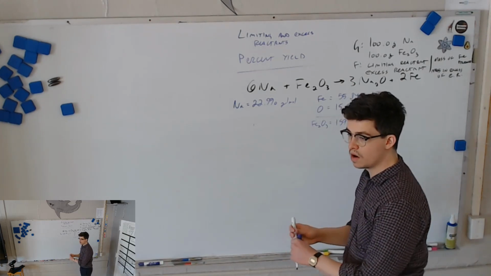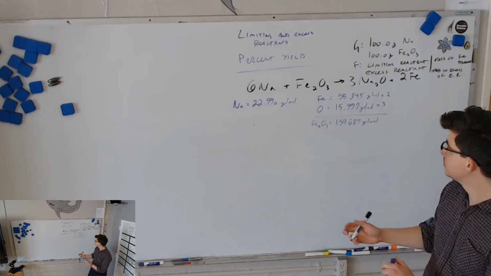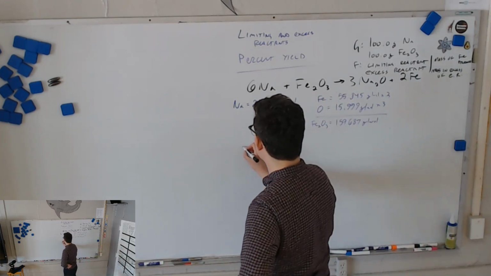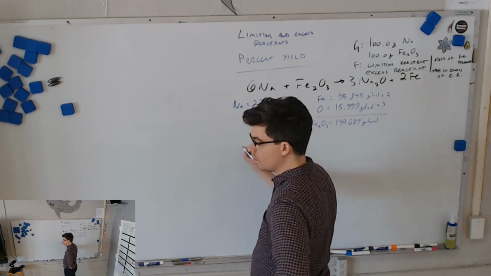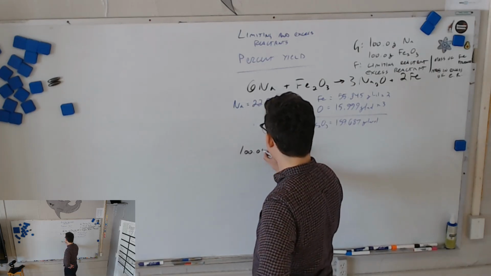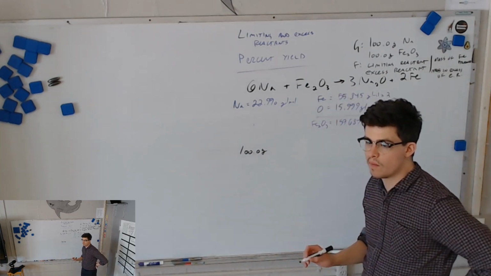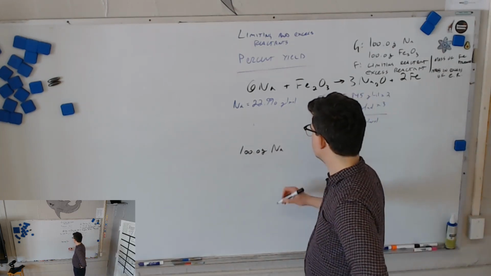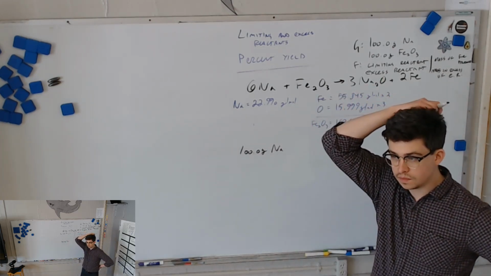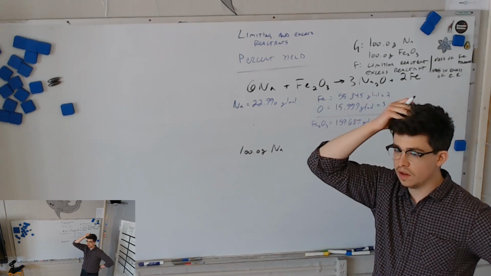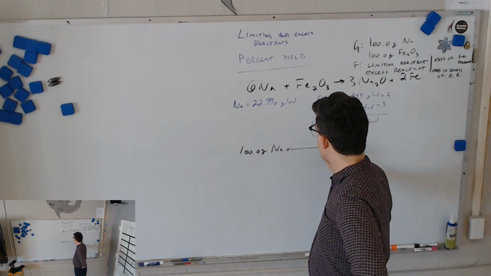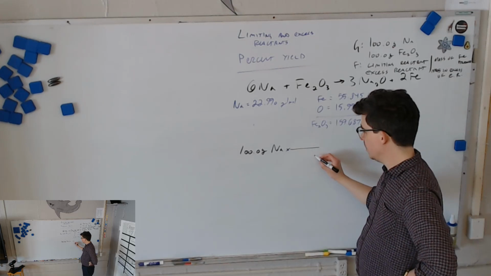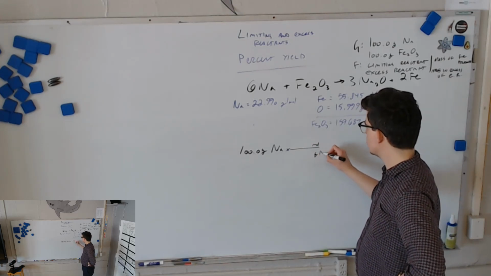What should I do now? We're given 100 grams of sodium and 100 grams of iron 3 oxide. Which one do you want to do first? Let's do sodium. 100 grams of sodium, and we're converting to mass of iron. So, first step, grams of sodium to moles of sodium.